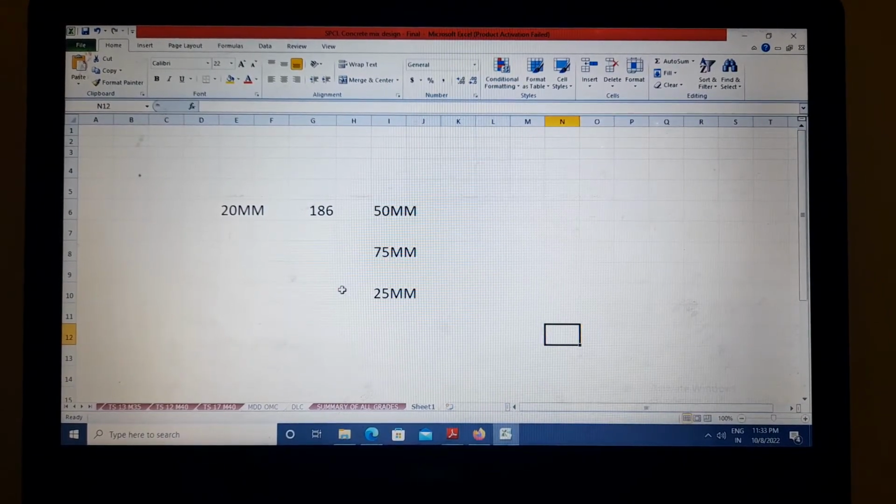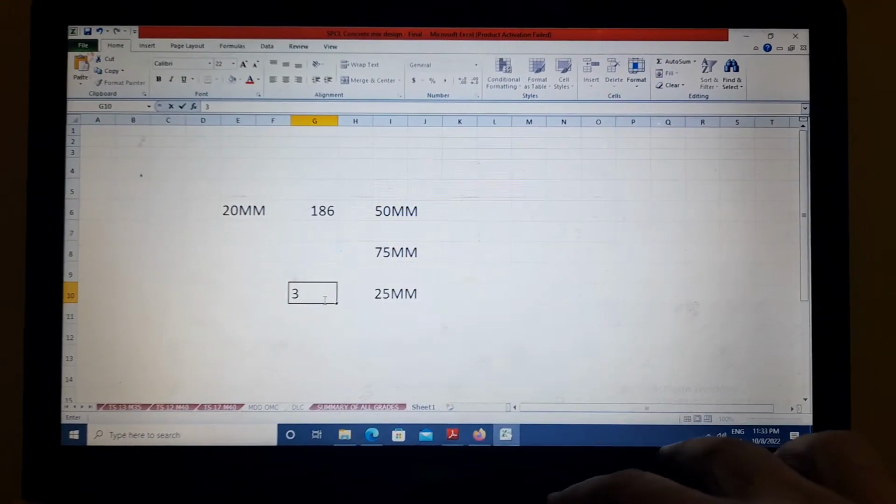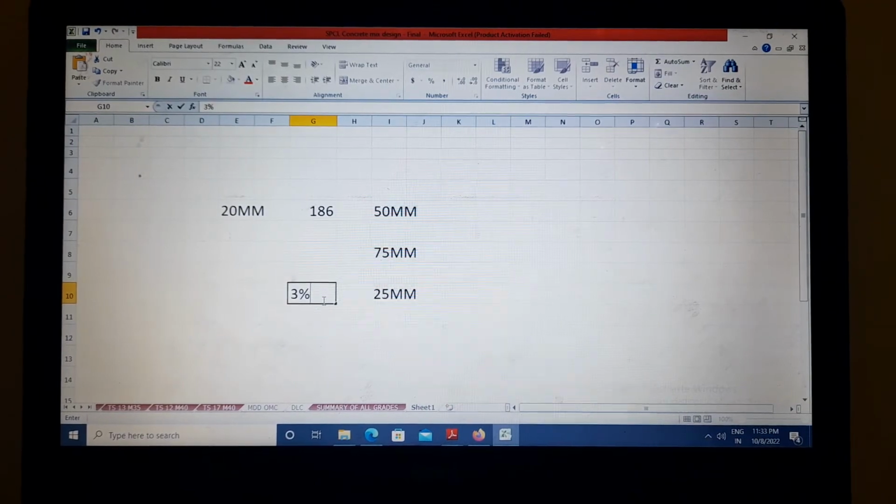So for every increment of 25 mm slump, 3% of water will be increased. So 3% into 186. This is the increment of water.